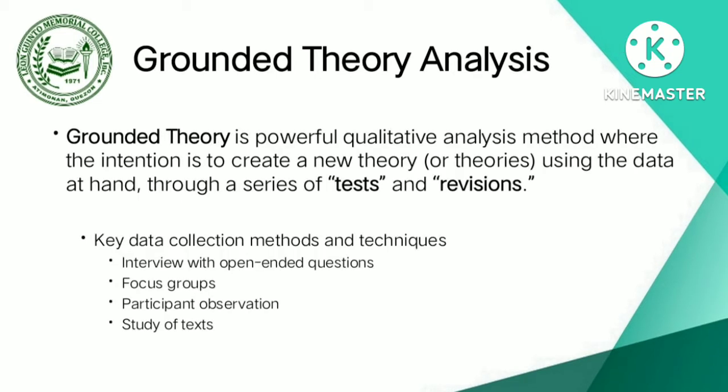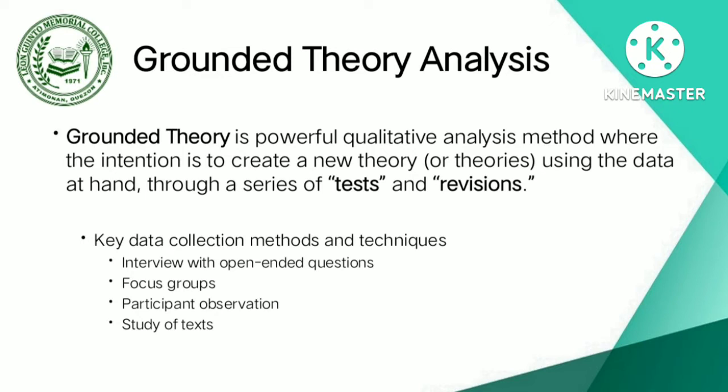Now, let us understand the first approach in qualitative data analysis, which is grounded theory analysis. Grounded theory is a powerful qualitative data analysis method where the intention is to create a new theory or theories using the data at hand through a series of tests and revisions.